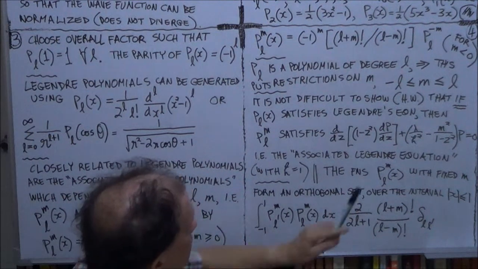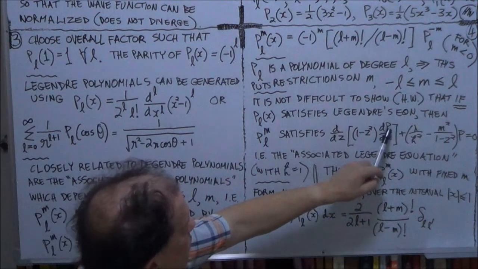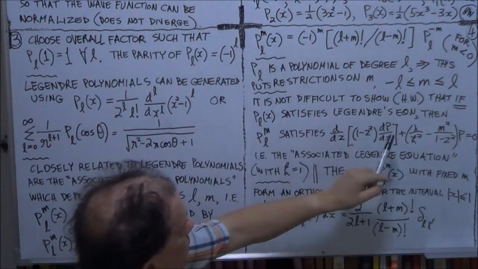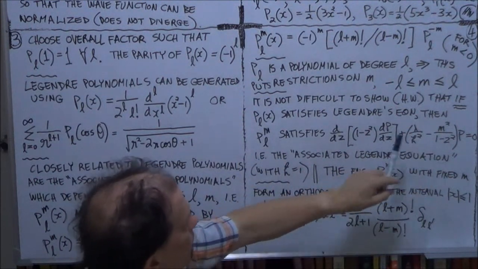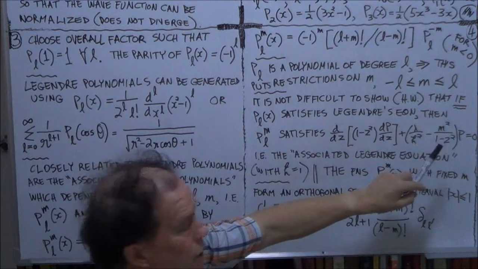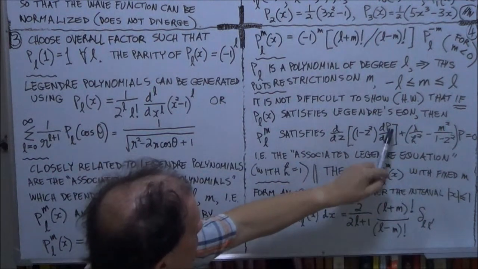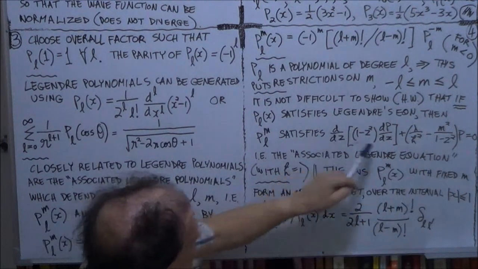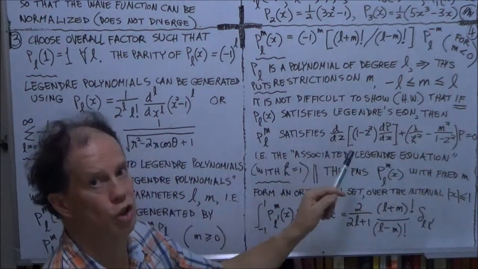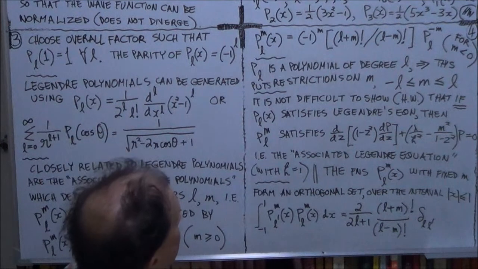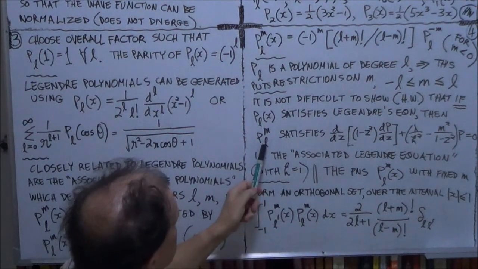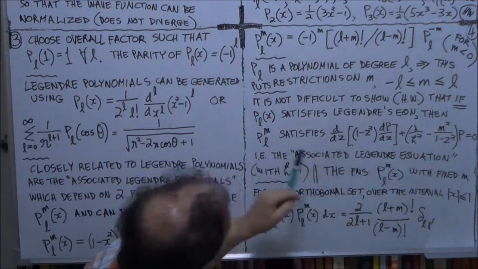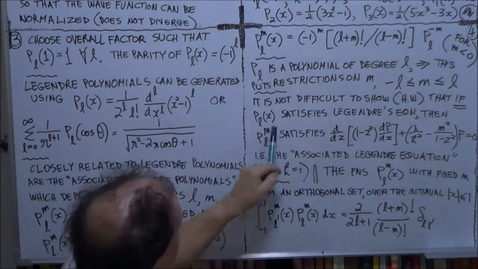Now, the textbook was a little ambiguous. I'm not quite sure what this P, does this P refer to this or to this? I haven't thought that through, but think about it, right? So, what is this P? But this is the associated Legendre equation, okay? Oh, okay, it's this, it says so, right? Then this satisfies this equation. So this P here is this.